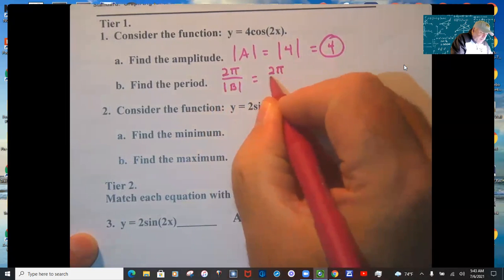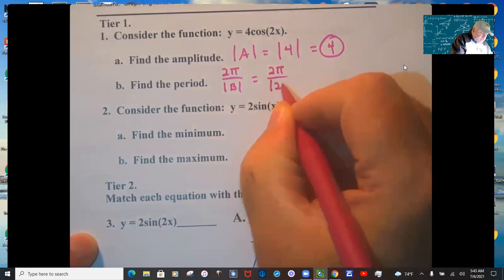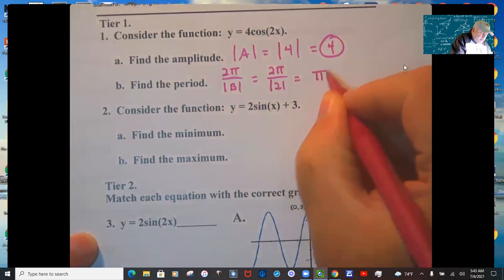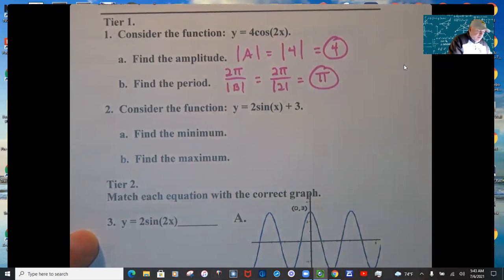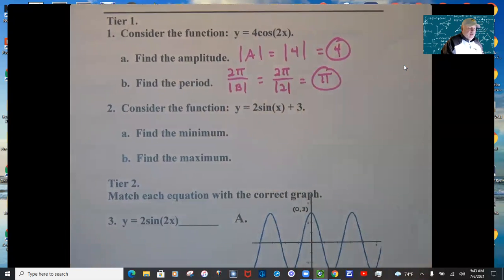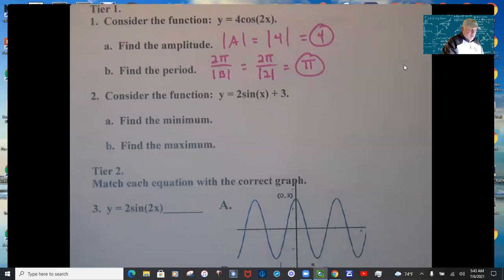So the absolute value of b is 2, and so we would cancel those 2's out, leaving us with just pi. The period is just one cycle of the wave. So if you're looking at this graph down in A, again, one cycle would be from here to here.